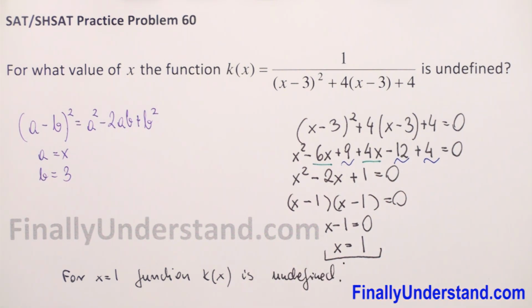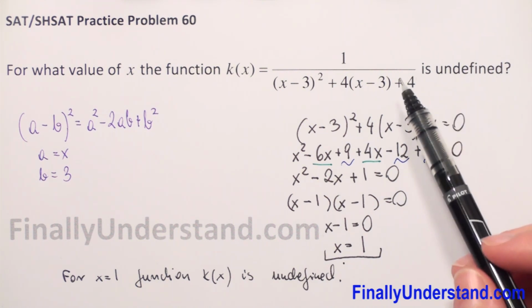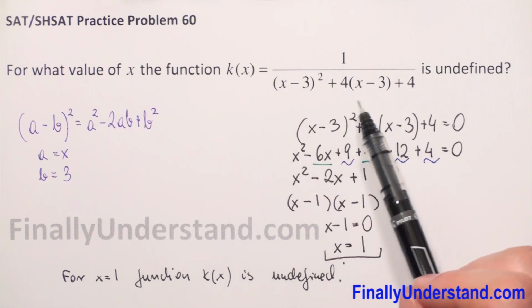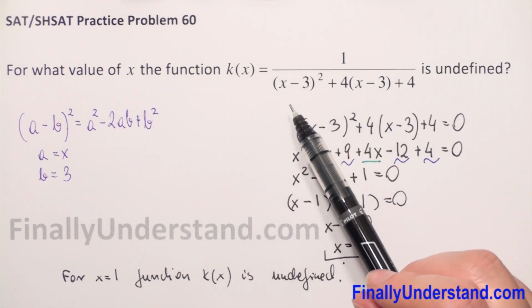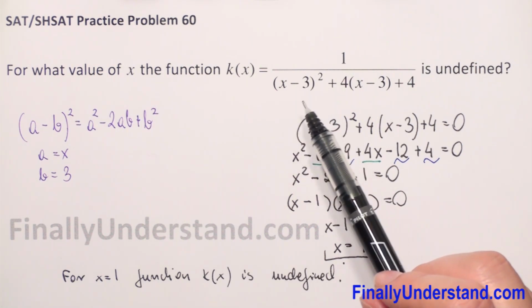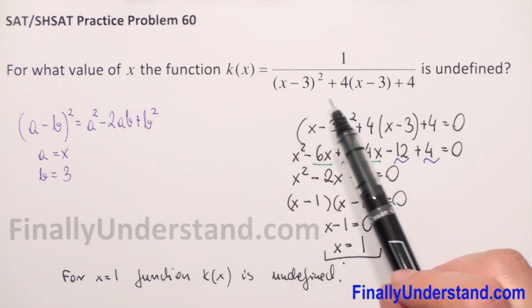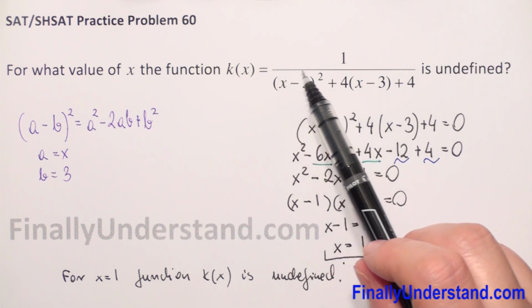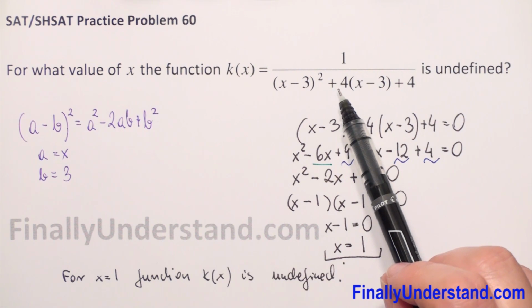One more time, when we have to check if function is undefined, we always check what kind of operation we have in our function. And we know that we can add every numbers, we can subtract every numbers, we can multiply every numbers, but when we do division, fraction mark means division, we cannot divide by 0.